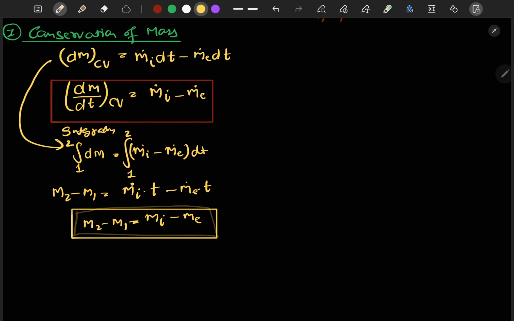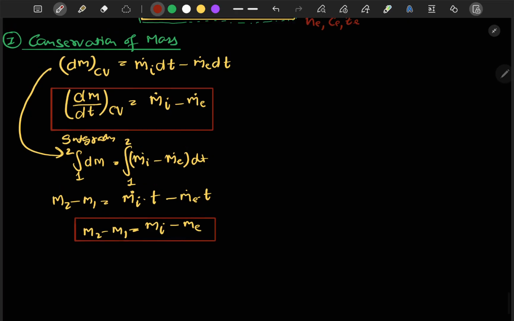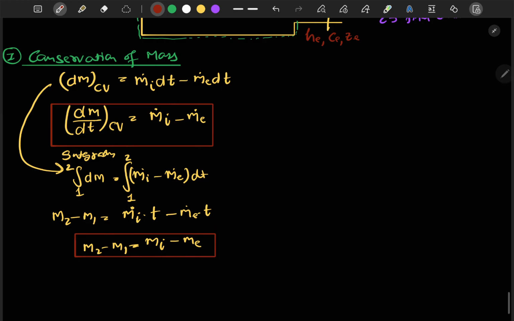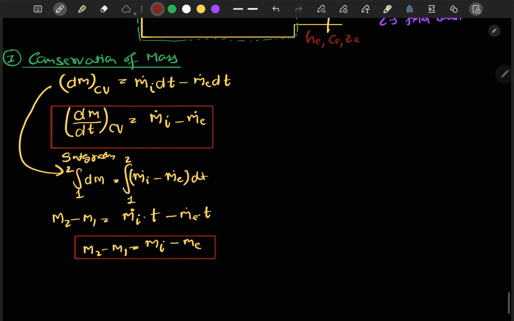The total mass accumulated can be written as this equation. You should also remember this equation. This can be directly used in numericals. Now the second thing we have to consider is conservation of energy. Let me move it.